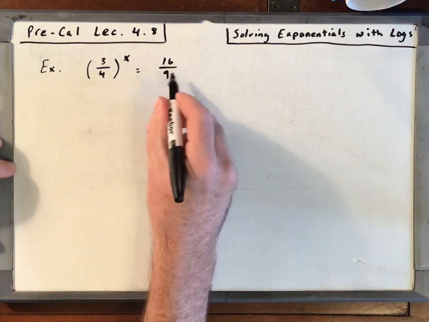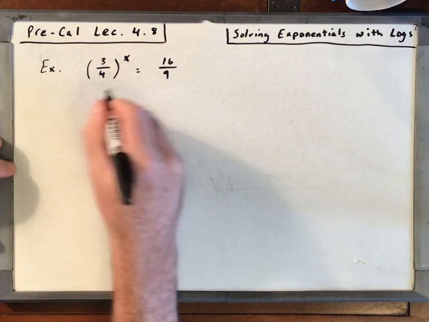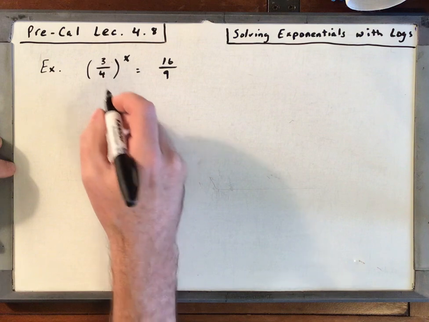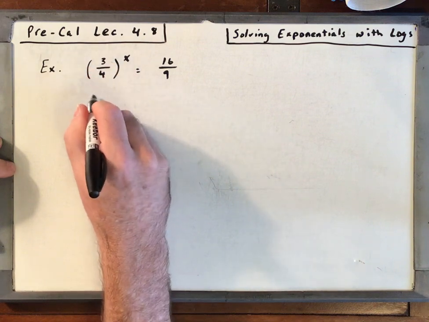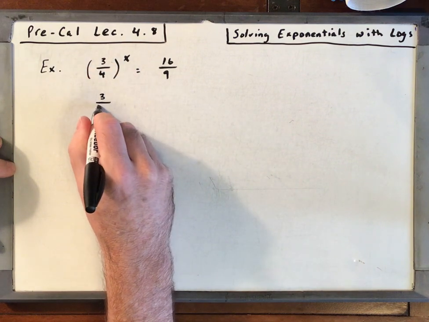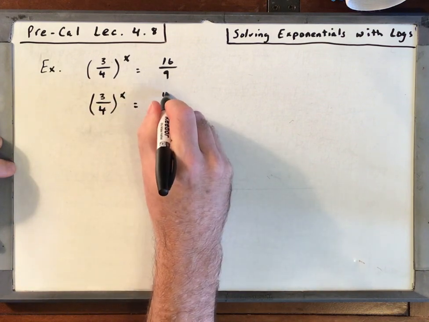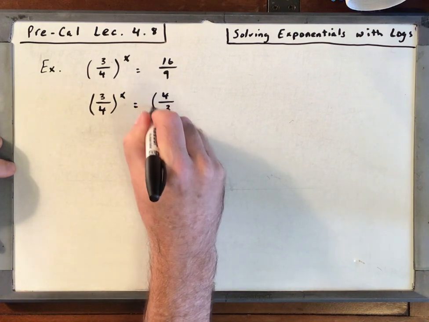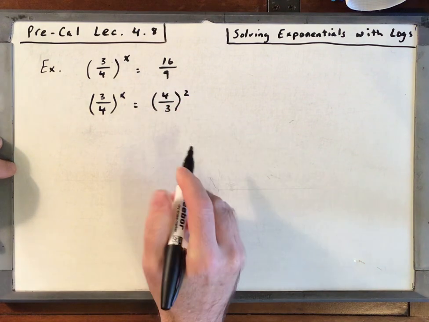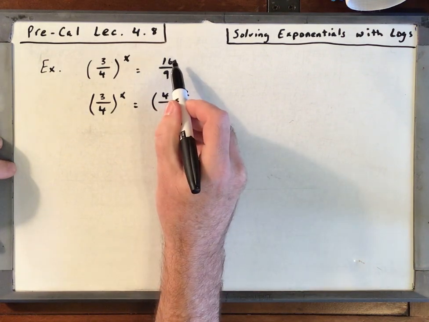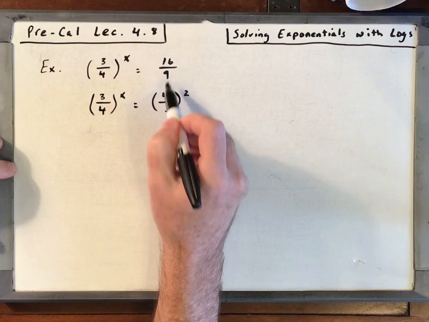Well, I need to get those two bases to be the same. So let me work with that 16 over 9. I bet you I can get that into some version of 3/4. So we have 3/4 to the x is equal to, how about 4/3 all squared? All right, square root of 16 is 4, square root of 9 is 3.